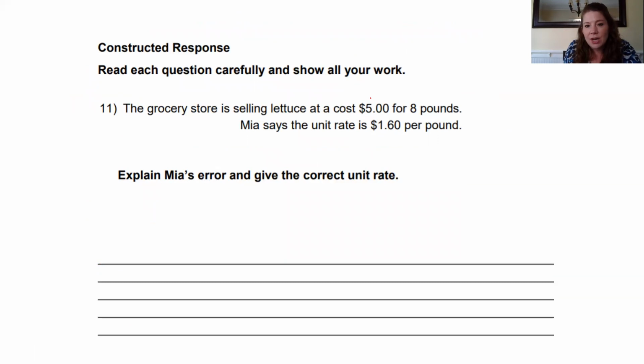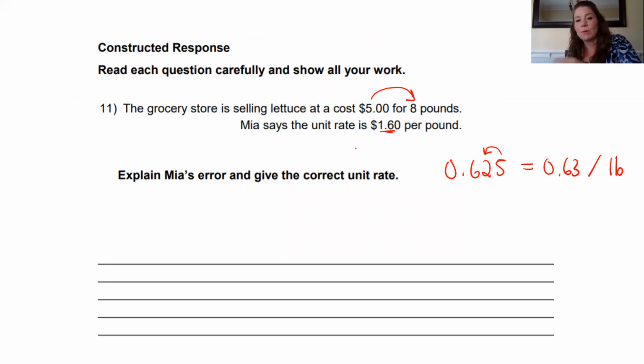We have to divide the cost by the quantity. So what is 5 divided by 8? That is 0.625. So if we were rounding this to the nearest penny, we'd say it's 63 cents per pound. So I bet Mia divided 8 by 5, and she sure did, because 8 divided by 5 is 1.6.